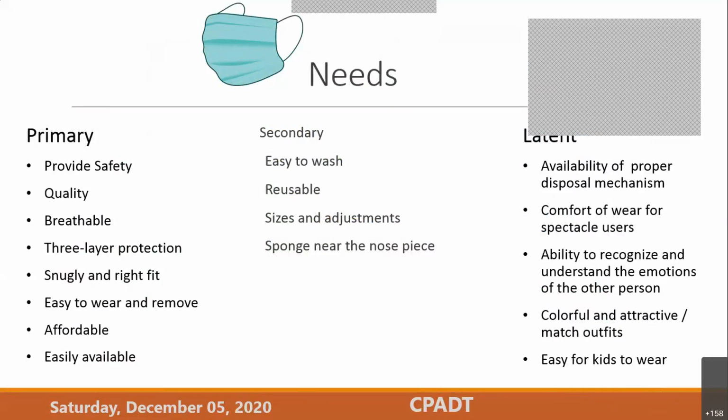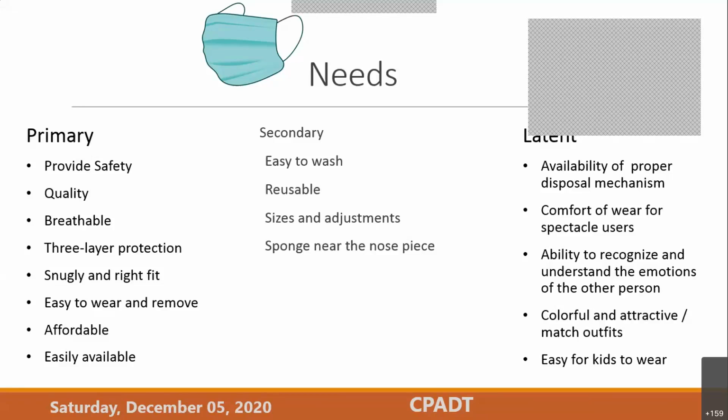What could be your secondary needs? It should be easy to wash. Can I reuse it? Can I adjust the sizes? Is there a sponge near the nose piece? So this is your secondary need. What could be your latent or hidden need? Is there any availability of a proper disposal mechanism?